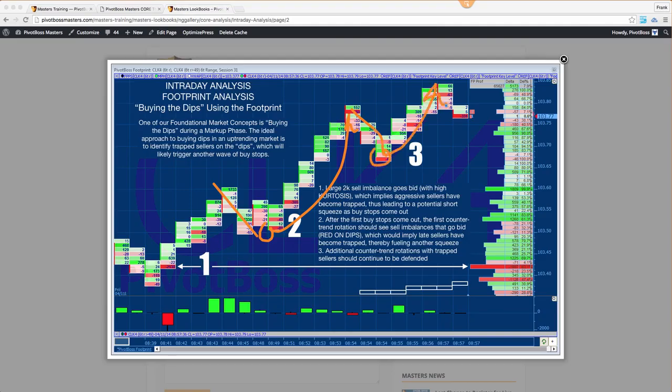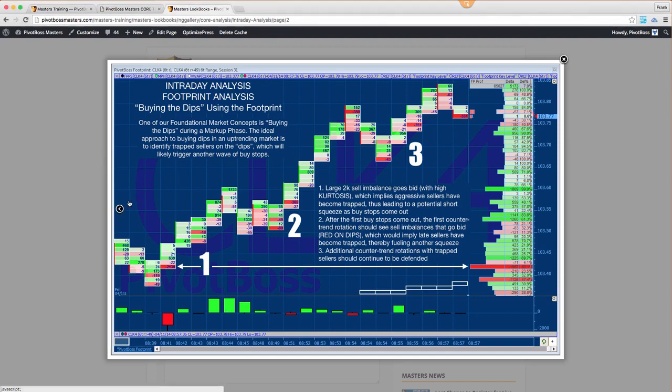And so that's the idea. And so I wanted to show that it's kind of counterintuitive. When you're looking at a footprint chart and you're looking to buy the dips, you want it to be red on the pullbacks. And that's typically the idea with regards to looking for these confirmations of these rotations.